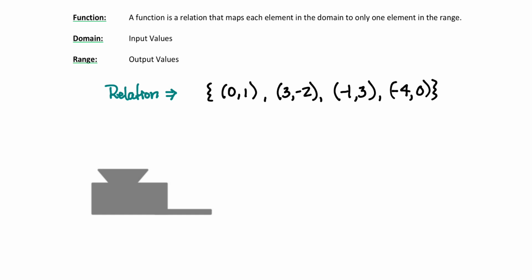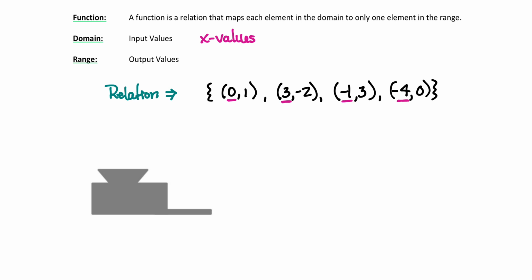Okay, clean that up a little bit. Here we go. So a domain is the input value. Okay, what that means is also the x values of every point. Okay, so in other words, the 0, the 3, -1, and the -4 are all considered the domain values.